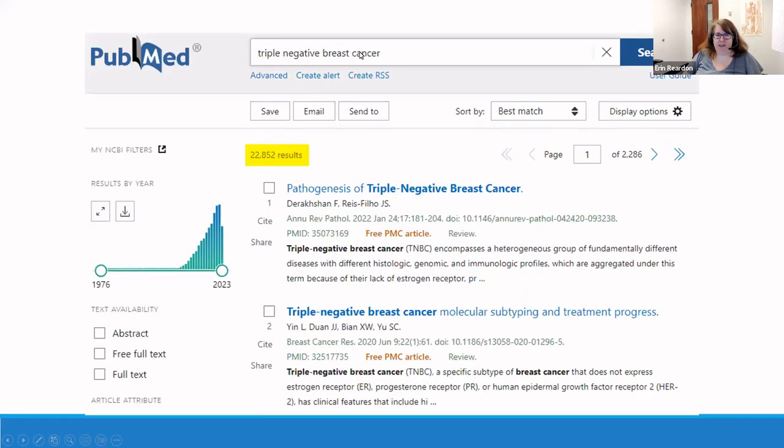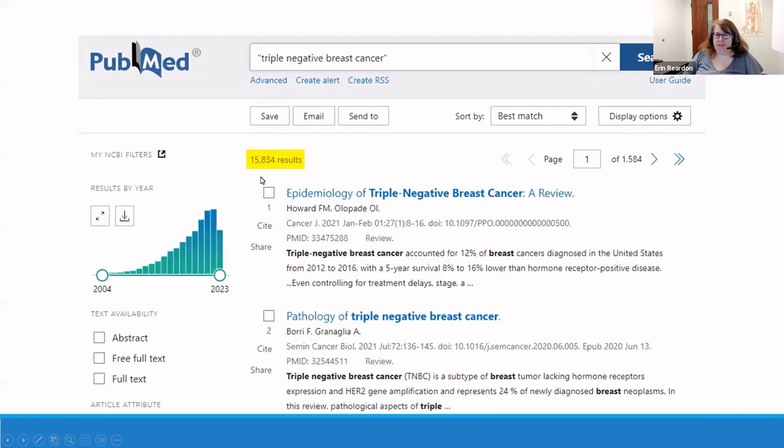Triple negative breast cancer, no quotation marks, about 23,000 results. If we put it in quotation marks, we've got about 16,000 results. So then it becomes a matter of, is there stuff in the larger set of results that's relevant to me, and do I need to make sure that I include those as well?